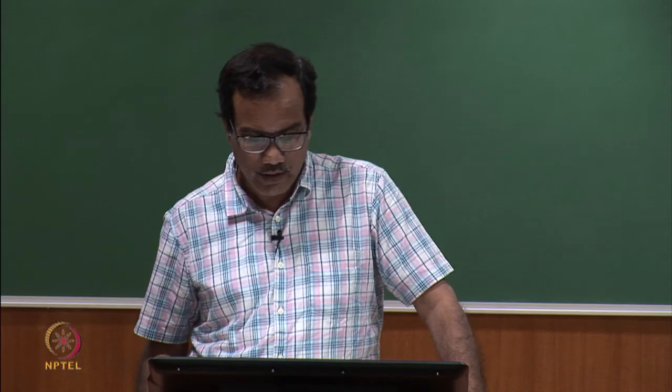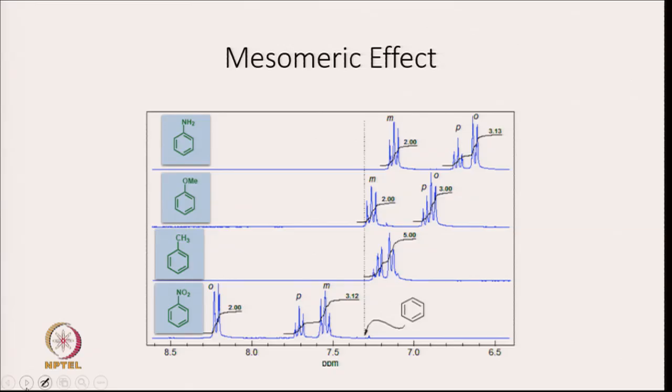Now, here you see the effect of the mesomeric effect, and at this position comes the benzene ring. If I put NH2, then it will go to lower chemical shift. If I put OMe, it will go to lower chemical shift, whereas if I put NO2 on the benzene ring, it will go to higher chemical shift.